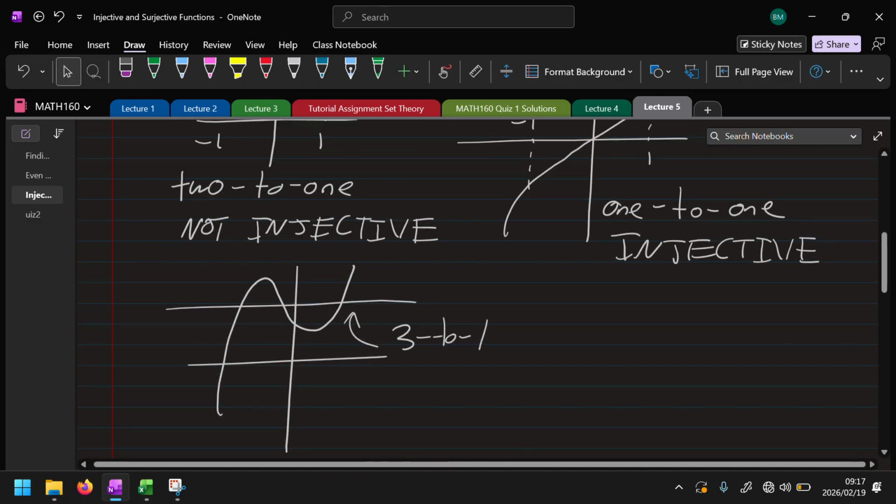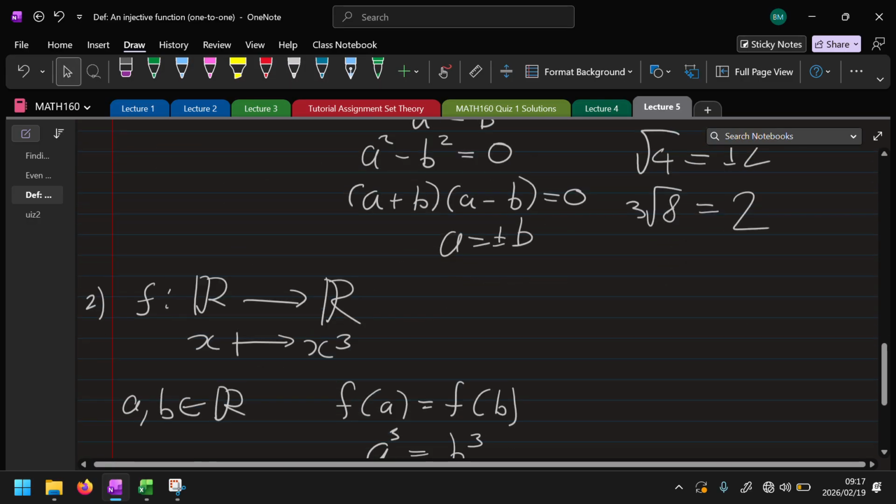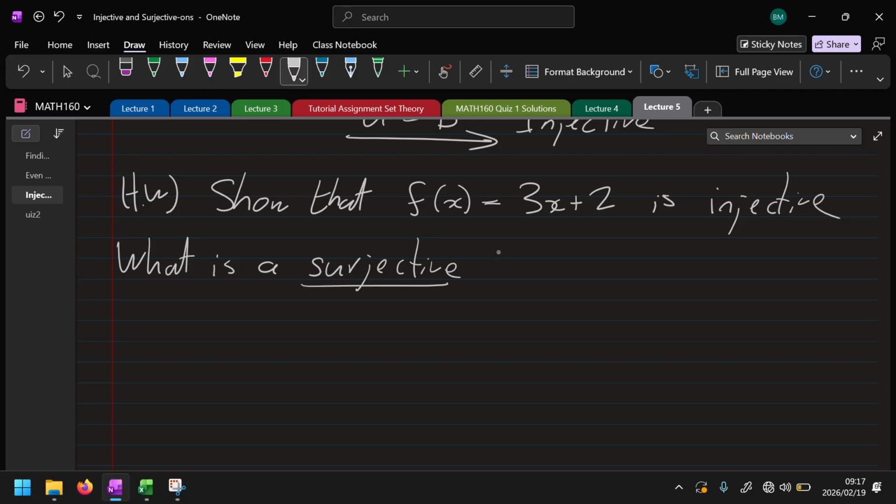Okay, so this was the first part of an injective function, and then the partner to this is a surjective function. So what is a surjective function? So definition.